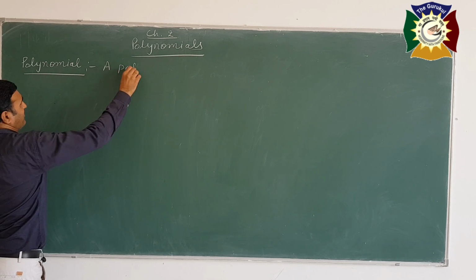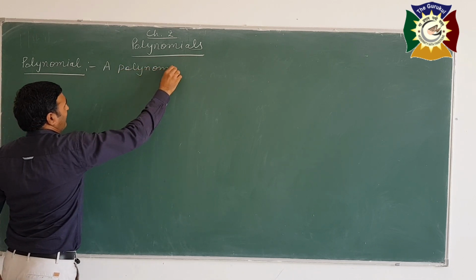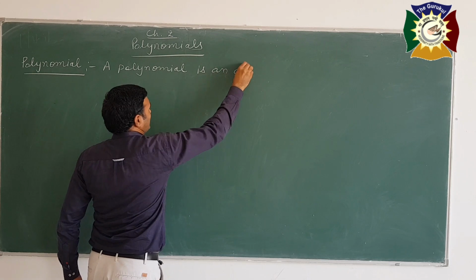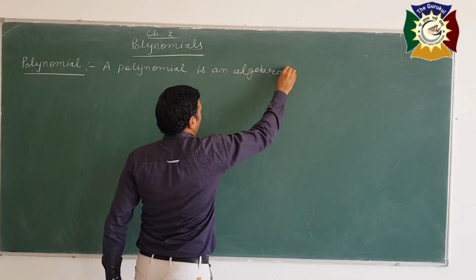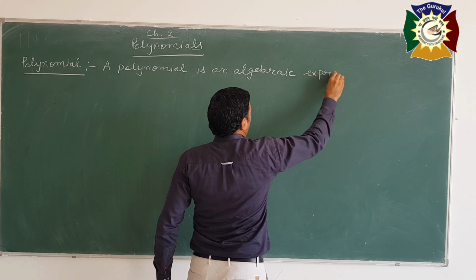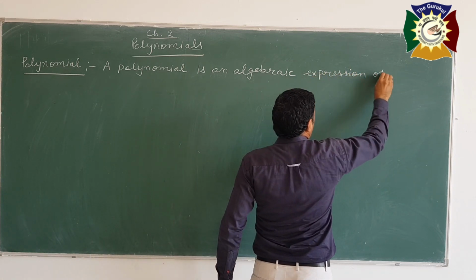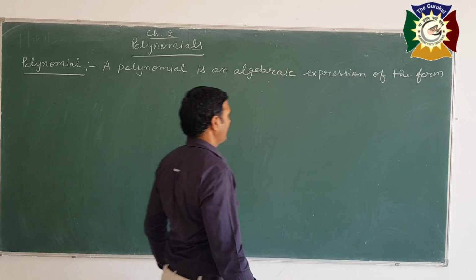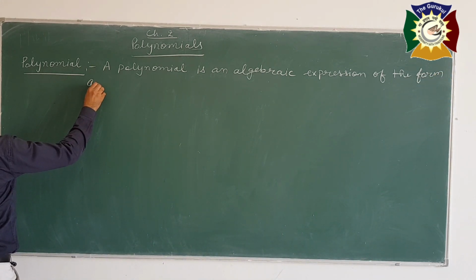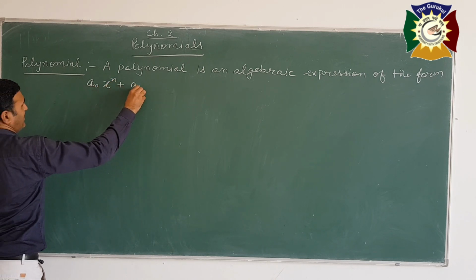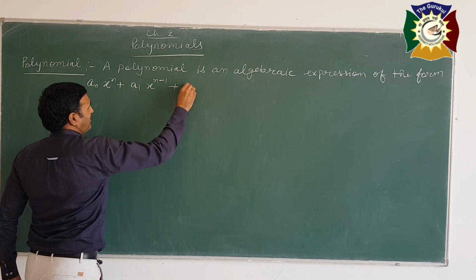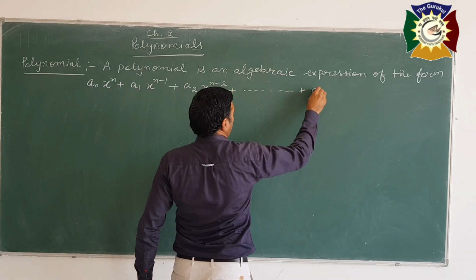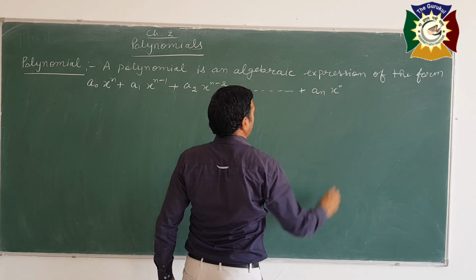A polynomial is an algebraic expression of the form a naught x raised to power n plus a1 x raised to power n minus 1 plus a2 x raised to power n minus 2 up to an x raised to power 0.